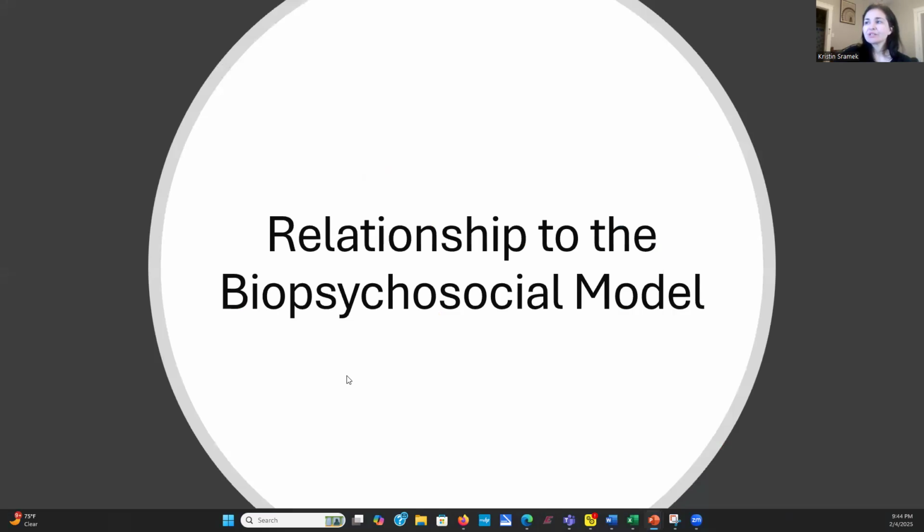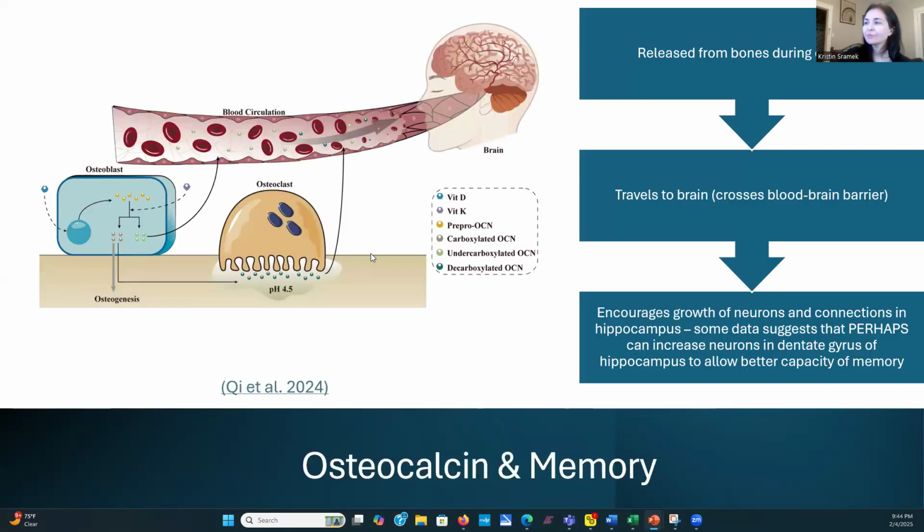All right, in terms of its relationship to the biopsychosocial model, one thing that is really neat is a hormone called osteocalcin. So, osteocalcin is released from the bones into the bloodstream, and it is released during exercise in particular, whenever the bone is under stress.